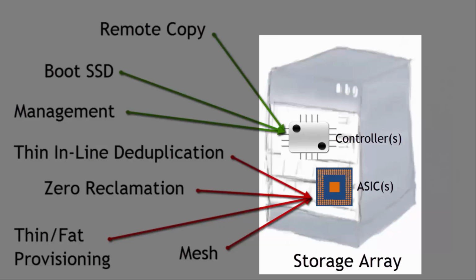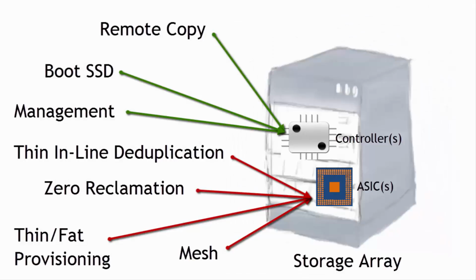Years ago, many of the storage arrays that are in our environments today were built on the requirements of 10 years ago, which was primarily block and file storage. Today, we have so much more that we do within our storage environments. So, can an existing storage vendor without an ASIC provide these functions?